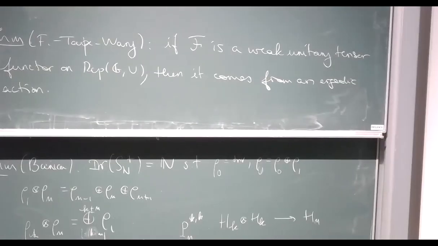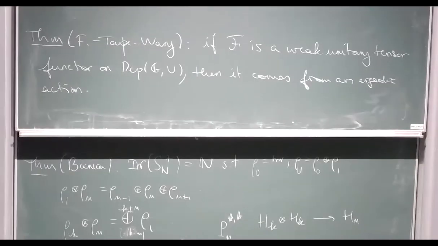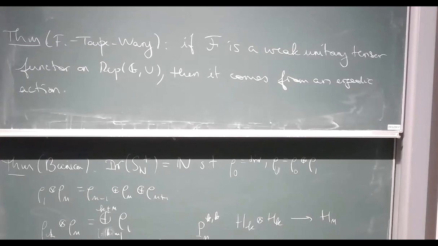If I understand this correctly, what exactly do you have to specify? If you want this weak tensor functor, you probably need to know the algebra beforehand where it is supposed to act, or no, you don't need.